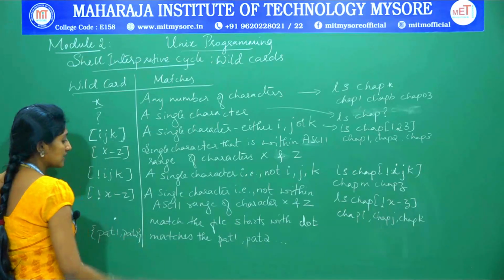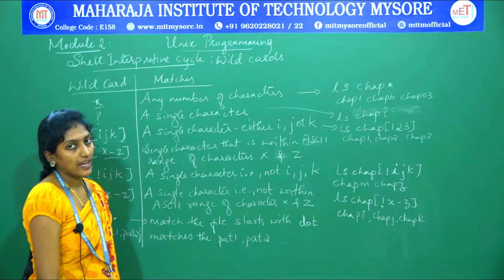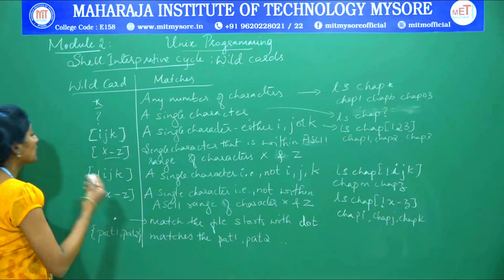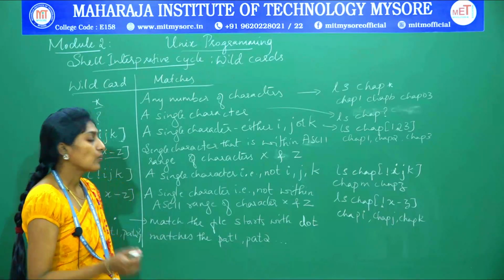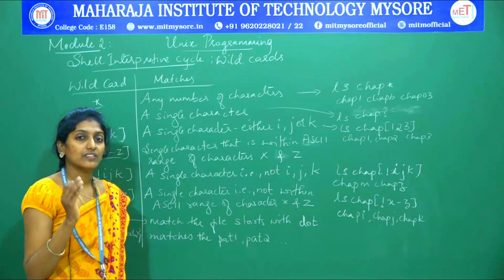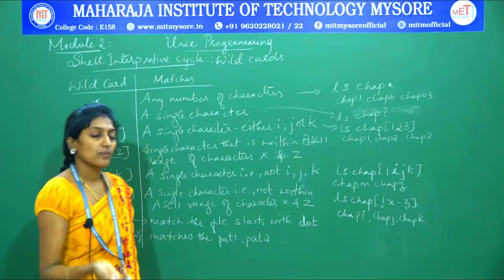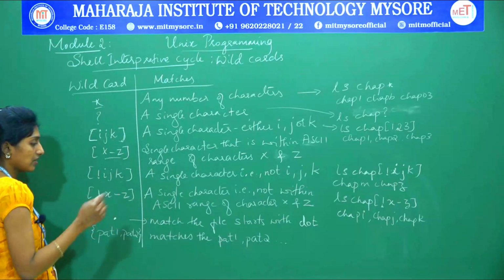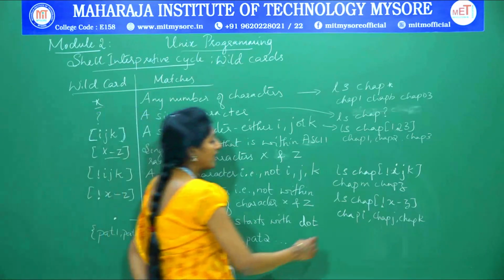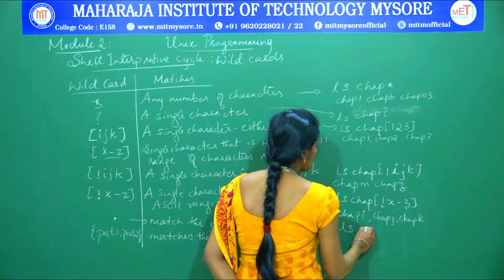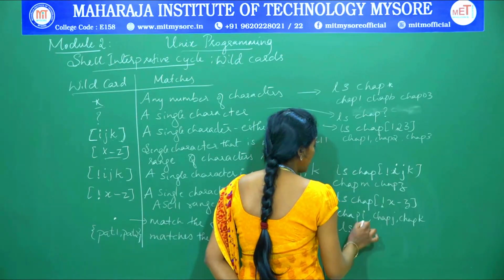Next is what? Dot. So what does this dot represent here? In the Unix system, so far star and question mark were used for matching files. Now what if I have a file which starts with a dot? How do I match that? For matching those kinds of patterns we are going to use this dot. Like ls dot star or ls dot p.